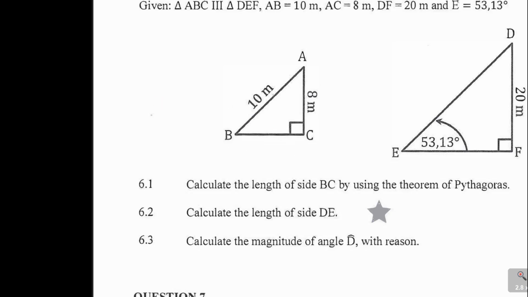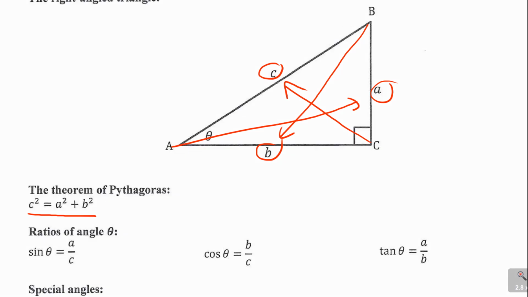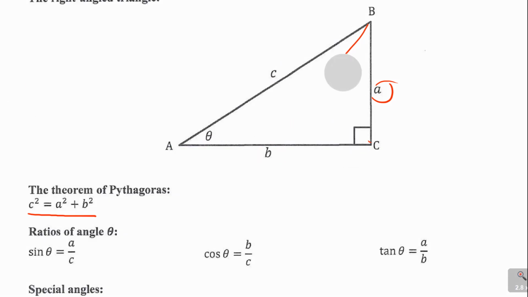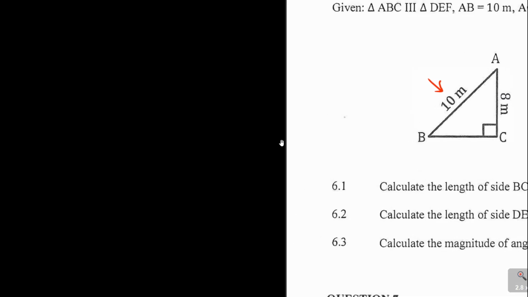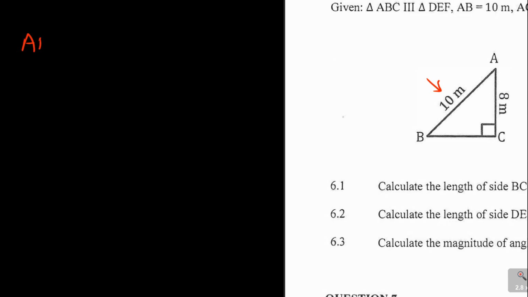Let's look at this. When you're using Pythagoras, the longest side, the hypotenuse, is equal to the sum of the squares of the shorter sides. So let's look at the longest side here. This is our longest side, so using the theorem of Pythagoras, AB squared is equal to BC squared plus AC squared.